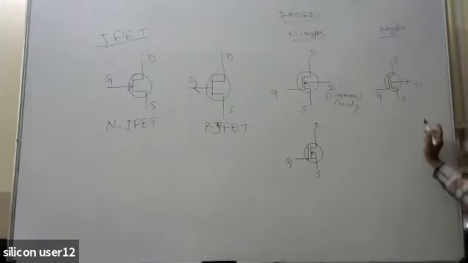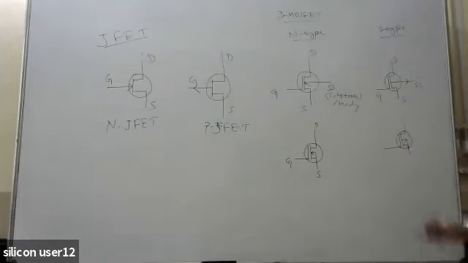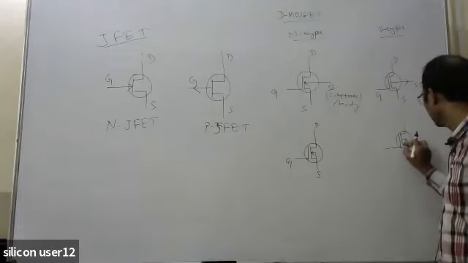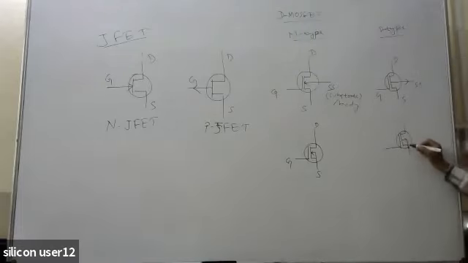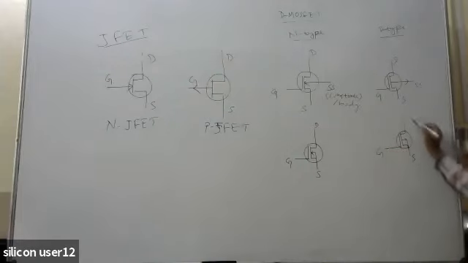This is the symbol of the P type D MOSFET, or it can also be drawn with the arrow here, where the substrate and the source are connected. Okay, so these are the symbols.